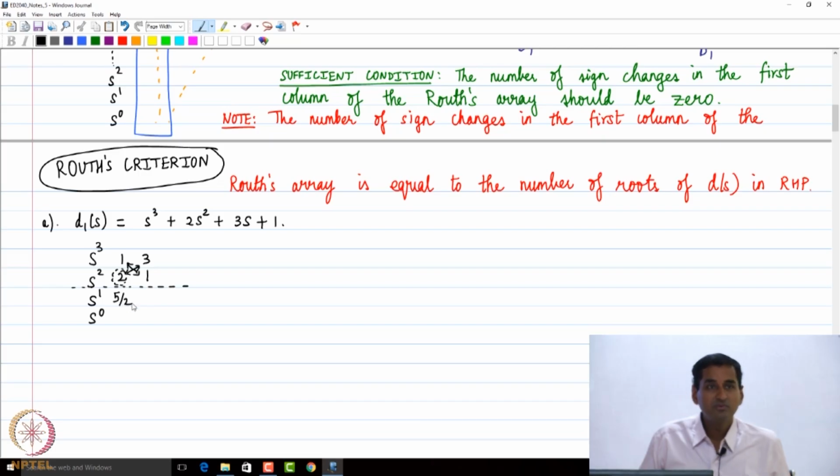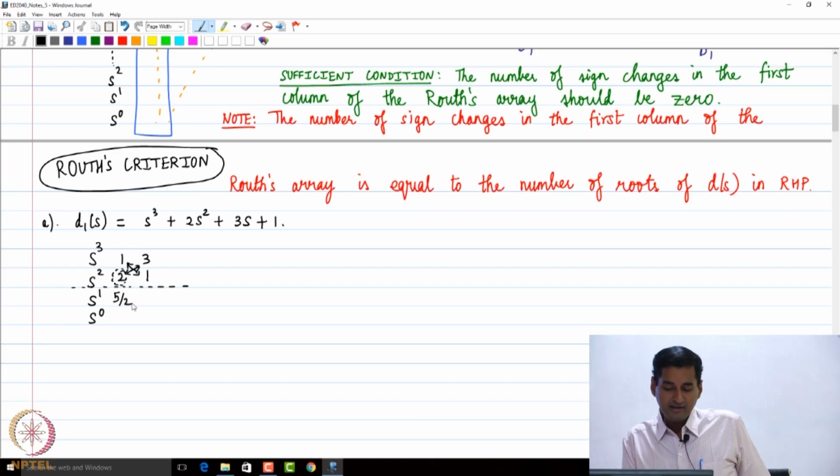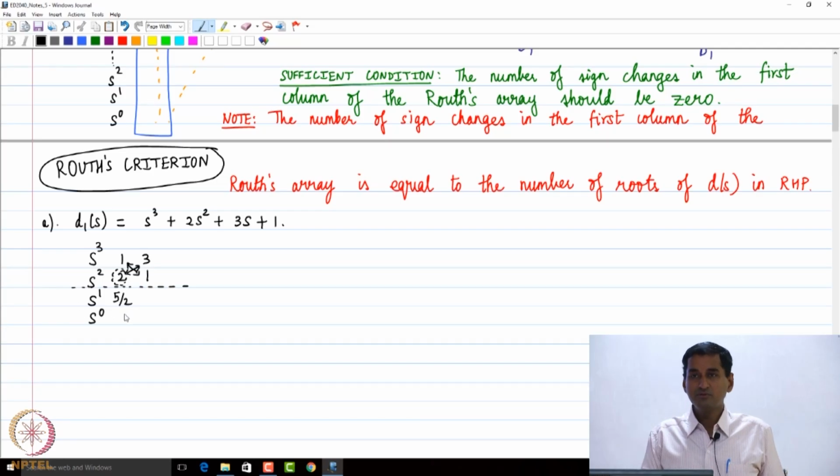Would I have any other entry in the s power 1 row? No, because there is nothing to the right of the column 3 and 1. That's it, I stop here. Now I go to the s power 0 row. I consider the s square and s power 1 rows, and I do the same process. 5 by 2 times 1 minus 2 times, when you do not have an entry, you take it as 0.